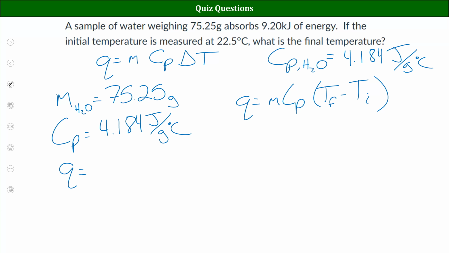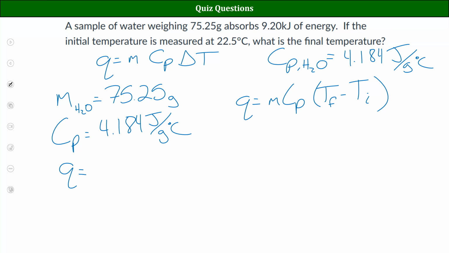Depending on how strong you are on algebra, you might not want to do this. Your easier option is to solve for delta T and then solve for T final. That's a little bit simpler in terms of doing the algebra. If you're going on in the sciences and taking more math, and this looks like something you can solve, this is a little bit more elegant. You can do it all in one step then. But totally your personal preference. You should get the same answer either way.